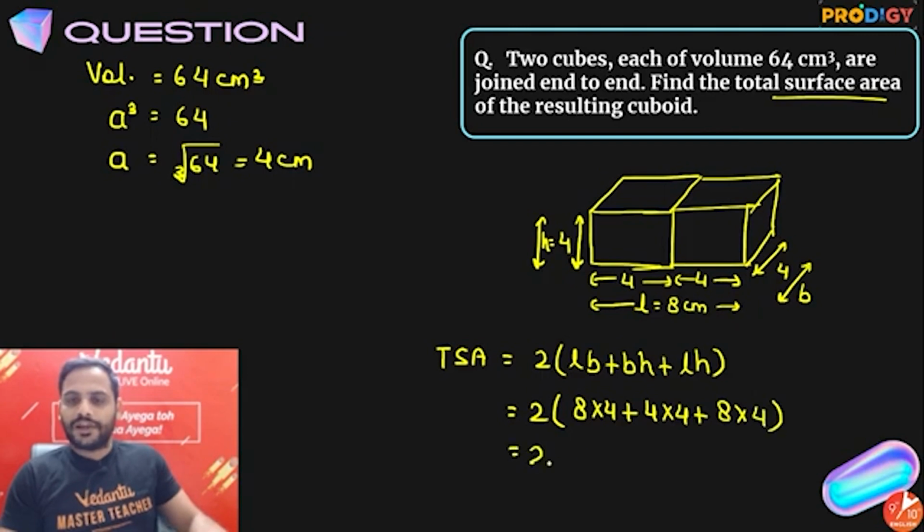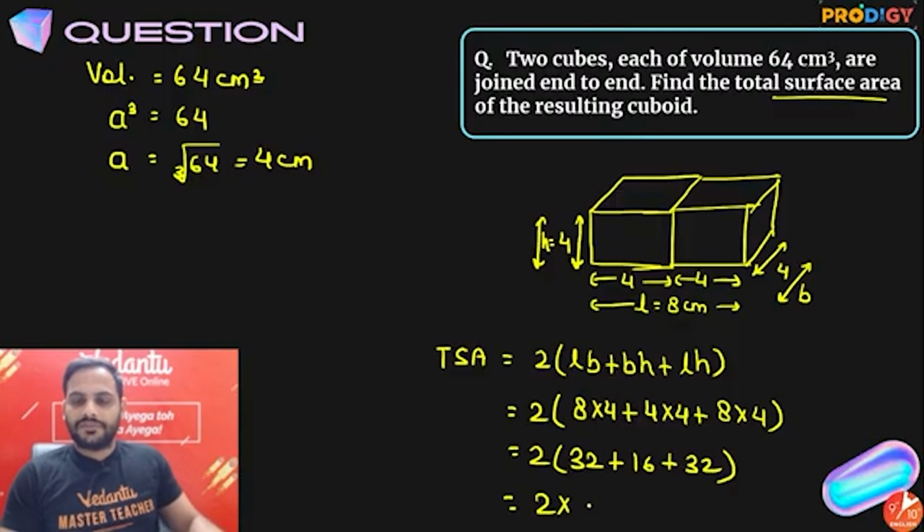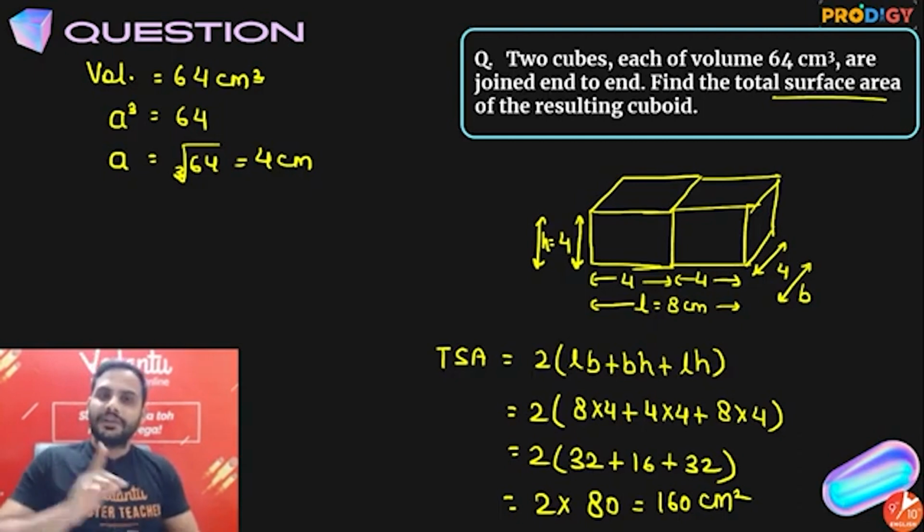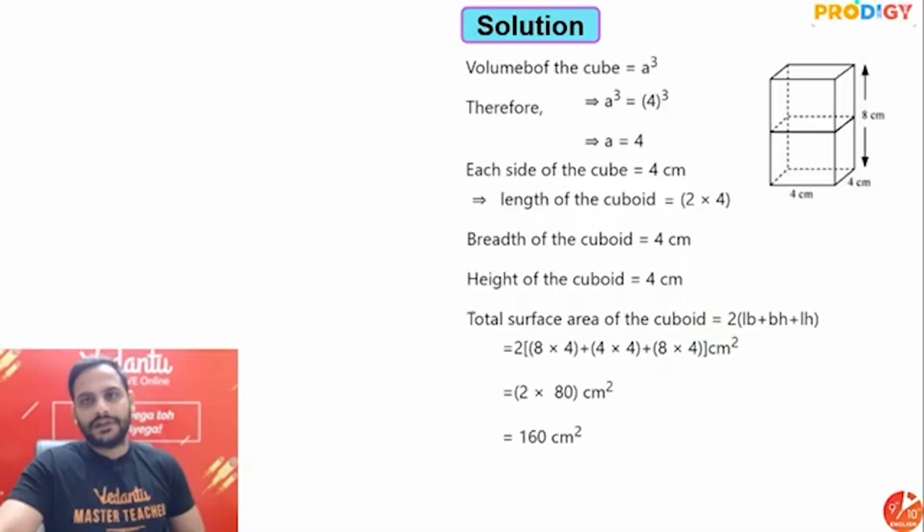That is 2 times (32 plus 16 plus 32), which is 2 times 80, equal to 160 centimeter square. So this is how this question will be done.